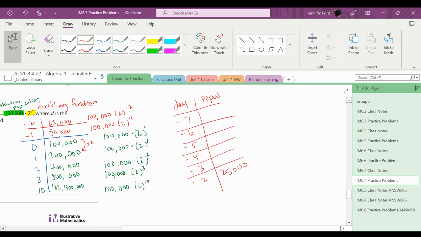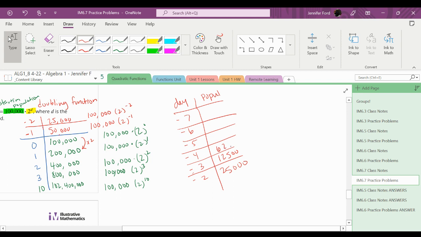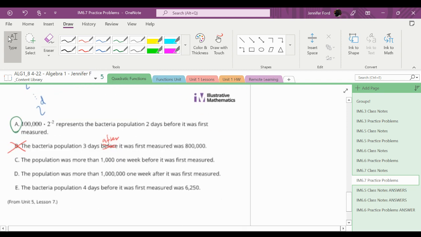Going backwards is going to be half. So 25,000 divided by 2 is 12,500. Divide that number by 2: 6,250. Take half of that: 3,125. Take half of that: 1,562.5. Take half of that: 781.25. So 7 days, like a week before, it'll be less than 1,000. But it was close.